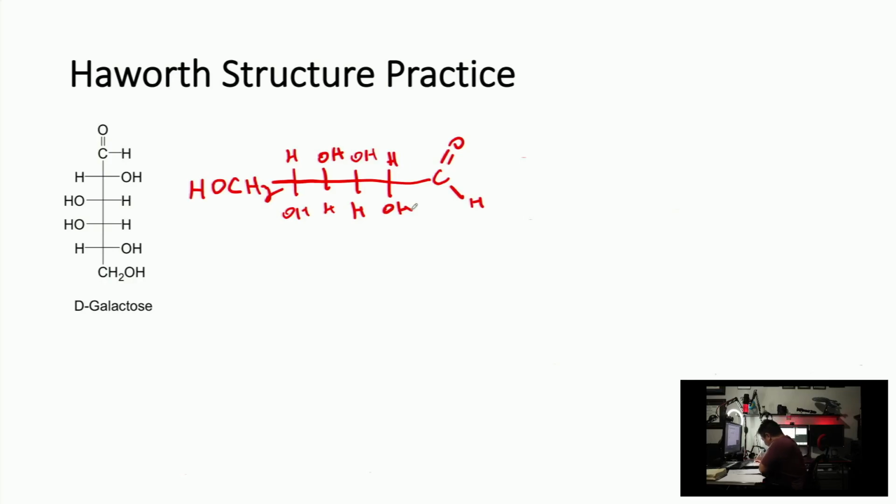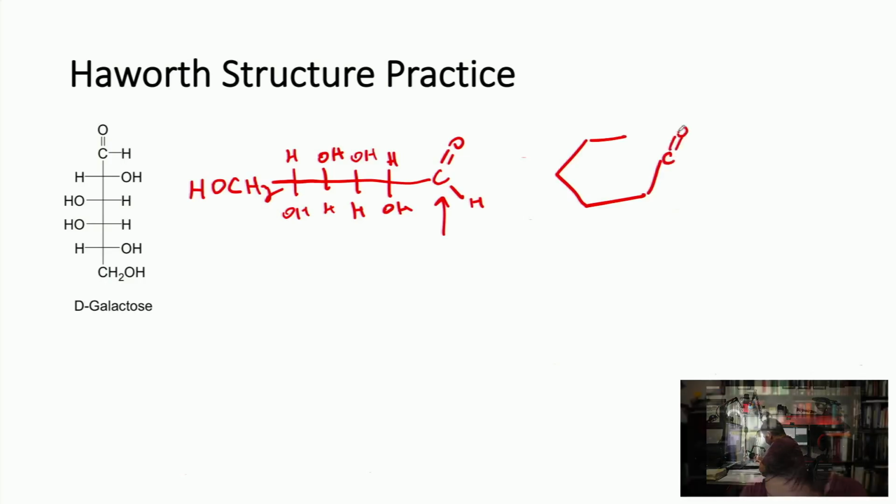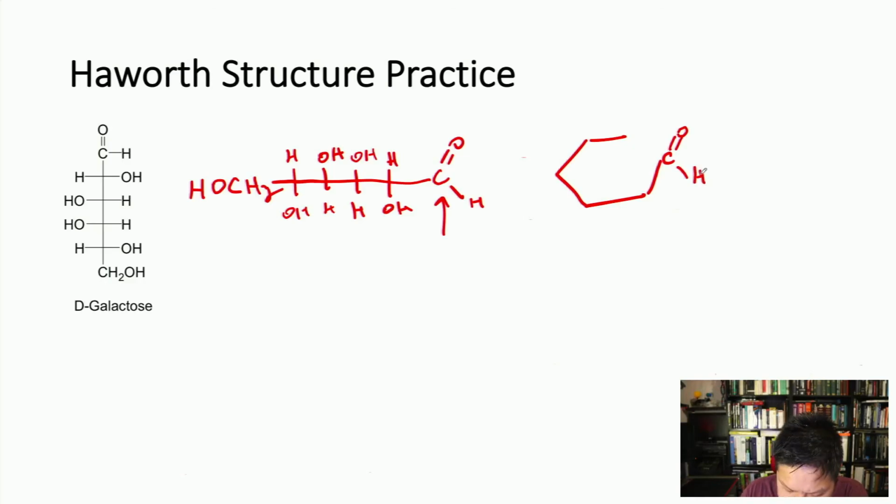Then we want to fold it. The aldehyde is at the end here, right? Which means it's not going to be a 5-member ring. It's going to be a 6-membered ring. So let's fold it, like so. Here's the carbonyl group, right? In this case, it's the aldehyde. Okay.